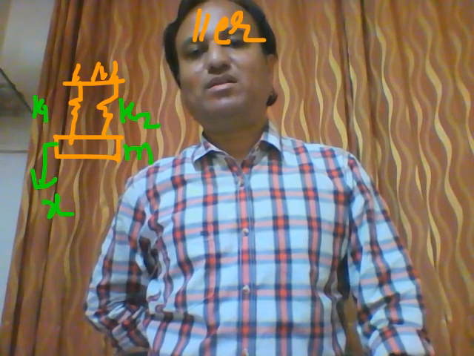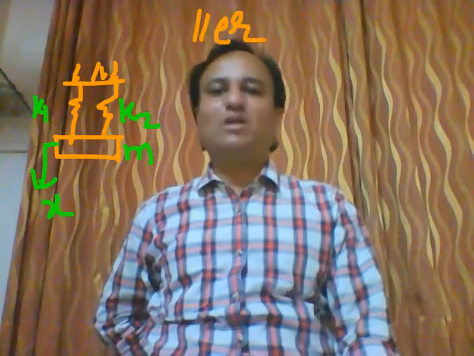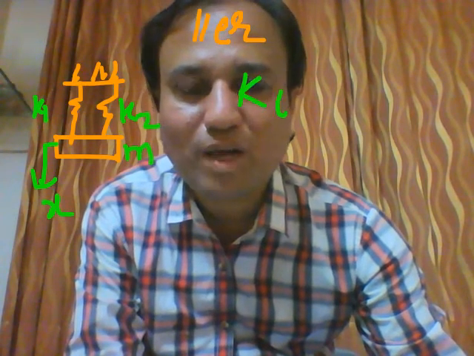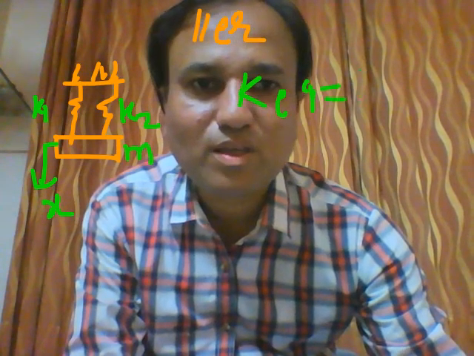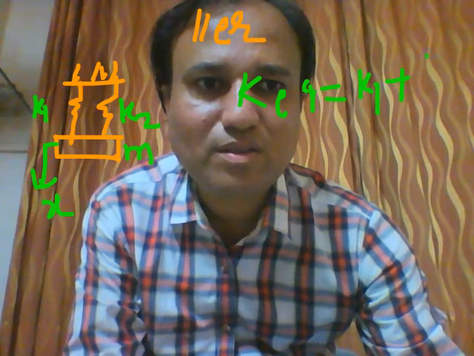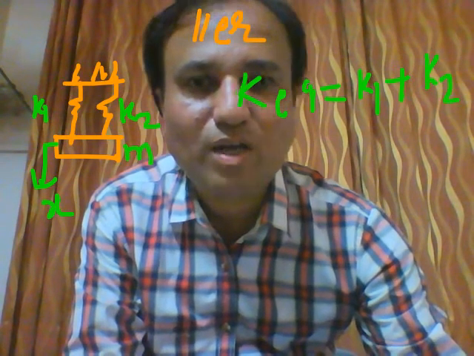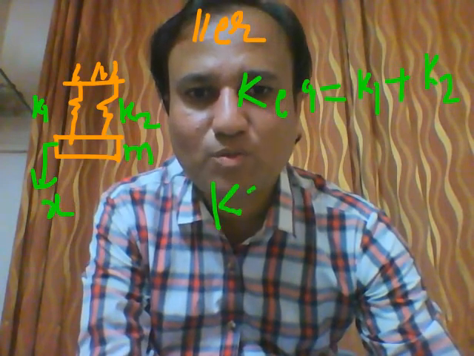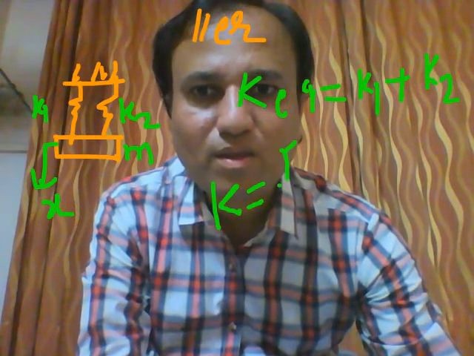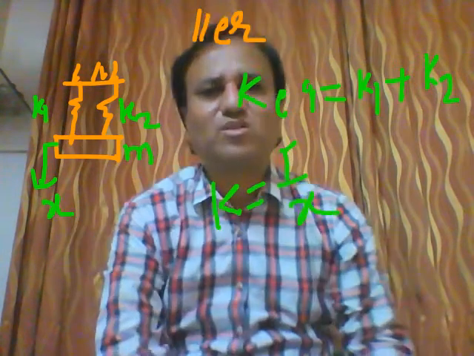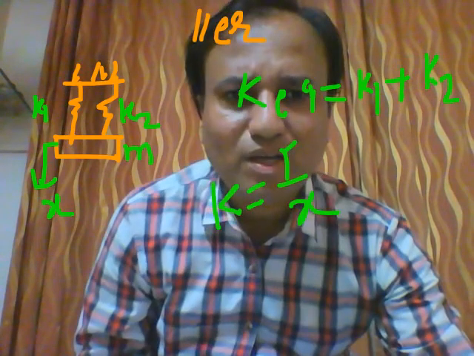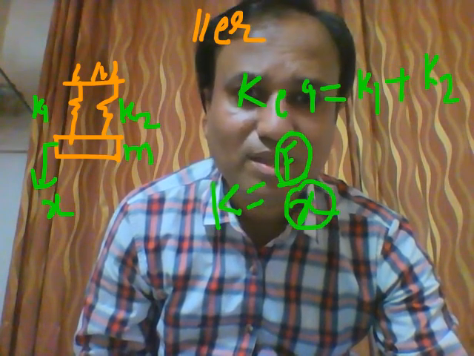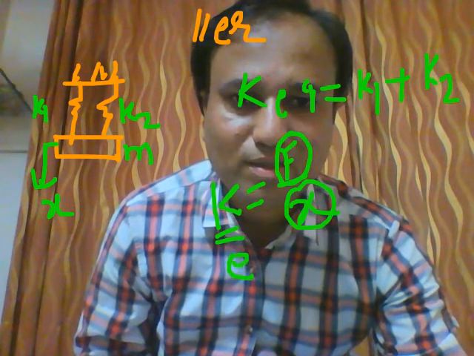Instead of deflection, check whether the force is the same or different. So, students, K equivalent for parallel combination is K1 plus K2. Just a hint to calculate K equivalent: K is equal to F by X, students, force per unit deflection. By investigating F and X you can calculate the K equivalent.